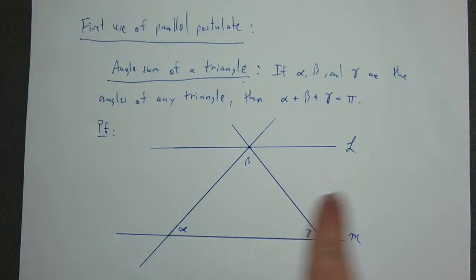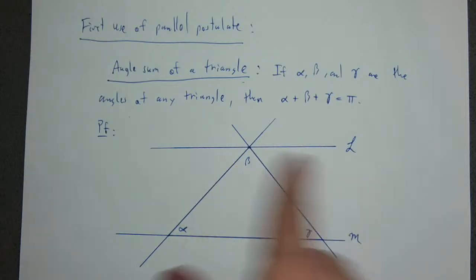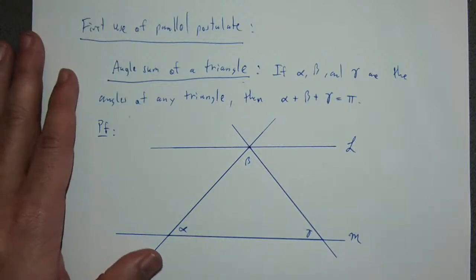But if they're parallel, then by any of those previous formulations of the parallel postulate, what do I know about these new angles formed up here by L with the other sides of the triangle?